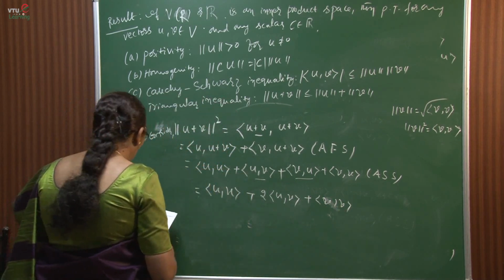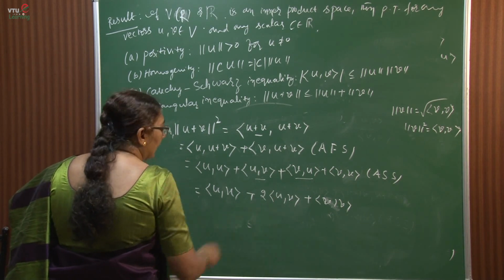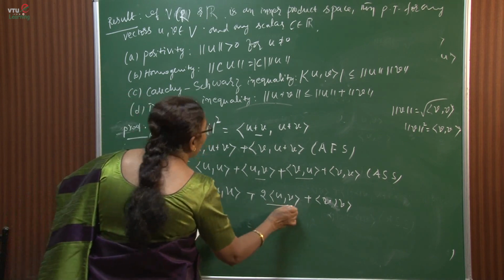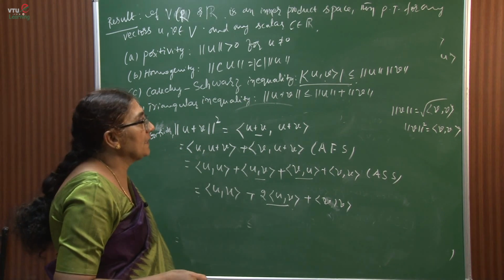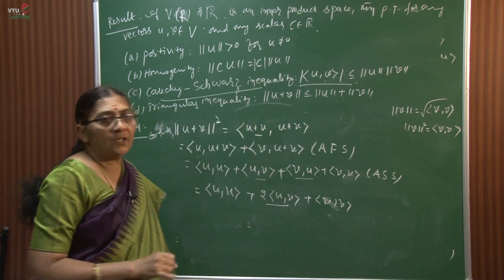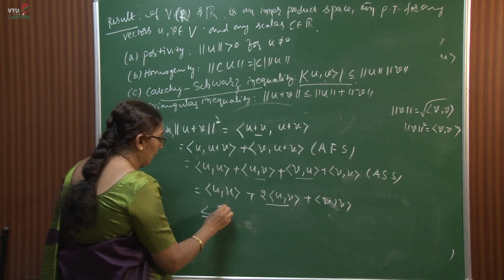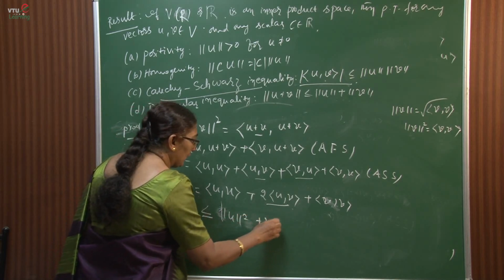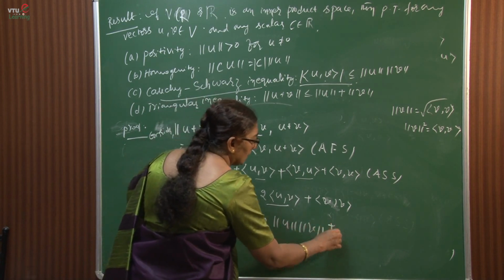This can be written as follows. We know that the absolute value of inner product of u comma v is less than or equal to norm of u into norm of v; that is the Cauchy-Schwarz inequality. From the Cauchy-Schwarz inequality, this is at most norm of u square plus twice norm of u into norm of v plus norm of v square.